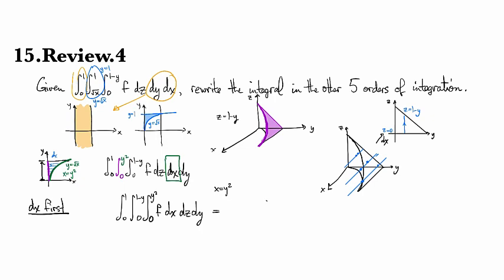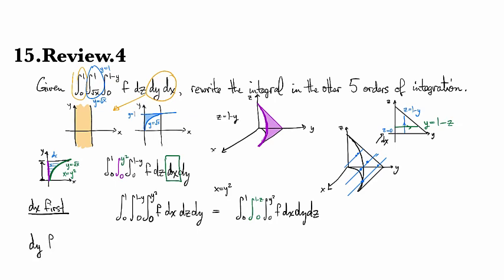I could also do the same one with the dx first, and then dy dz. This means I'm going dy first, so that's horizontally this way, and in that case this bounding curve is y equals 1 minus z. So I've got 0 to 1 minus z, and then 0 to 1 again. Okay, so there's those two.